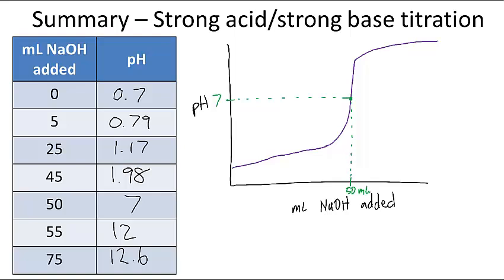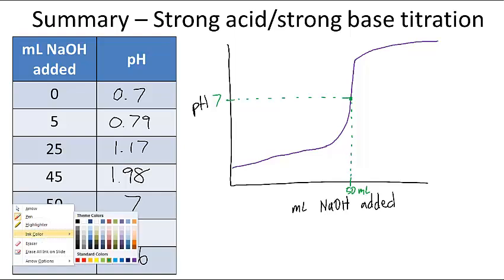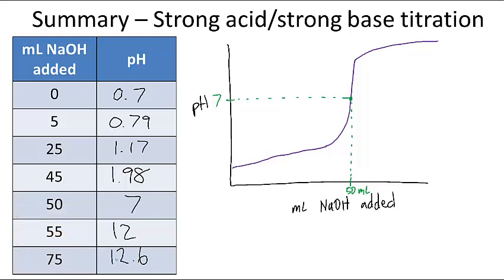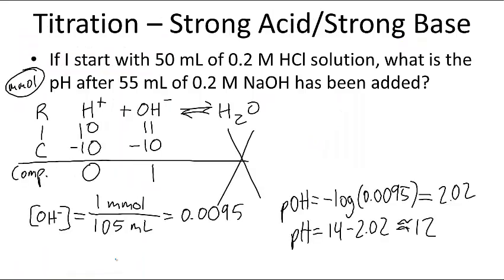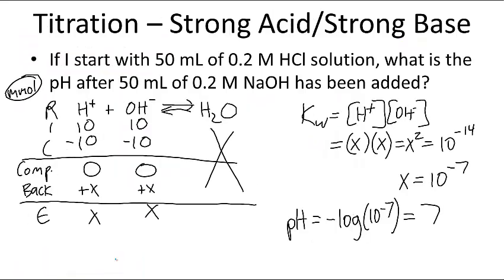Okay? So we have names for this point in the middle where we had an equivalent number of moles of acid and base. Here we had equivalent number of moles: 10 millimoles of H plus, 10 millimoles of OH minus.